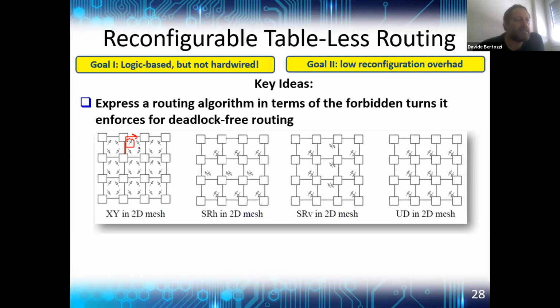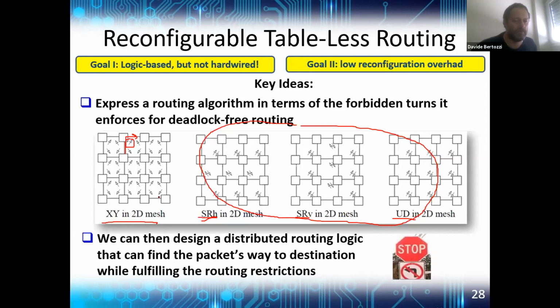And the same formalism you can apply to other routing algorithms, such as horizontal segment-based routing, vertical segment-based routing, up and down routing, and so on. The difference is that these routing algorithms are topology agnostic, while X and Y works only for squares and rectangles. But for every routing algorithm, you can express what a packet is not allowed to do, the forbidden turns for the sake of deadlock-free routing.